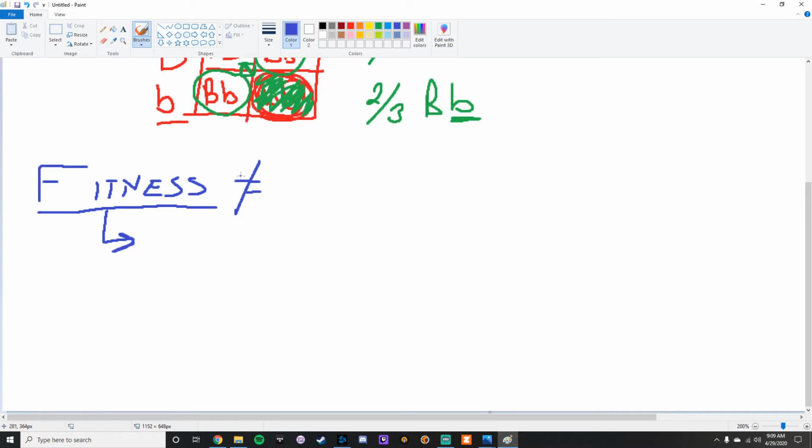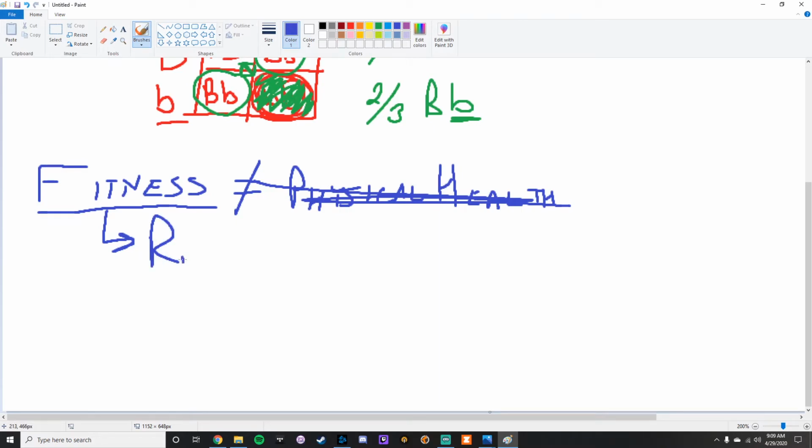So this is not, I guess we'll call it physical health. This is not physical health. If I were to say Usain Bolt has a high amount of fitness, that's not the same exact thing. So it is not physical health.